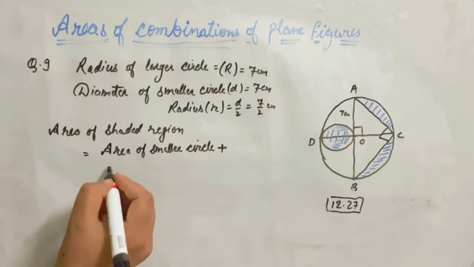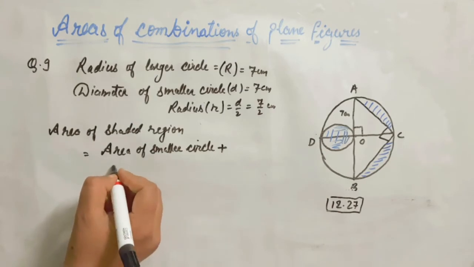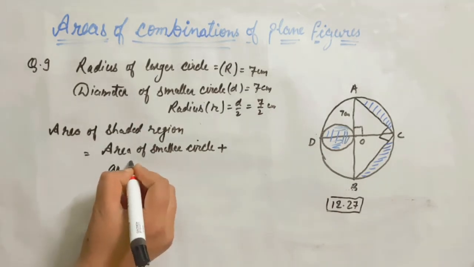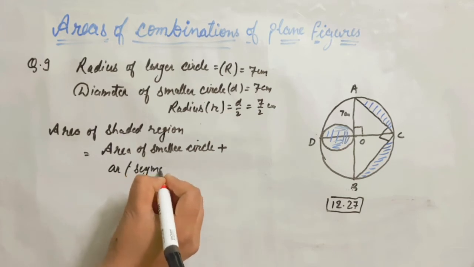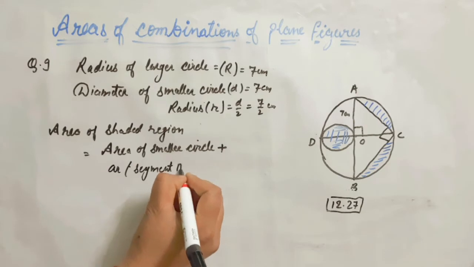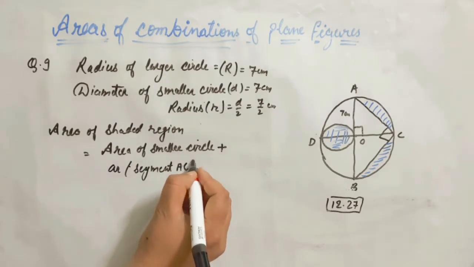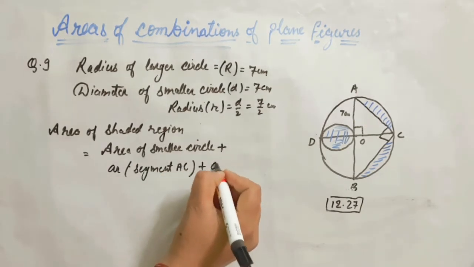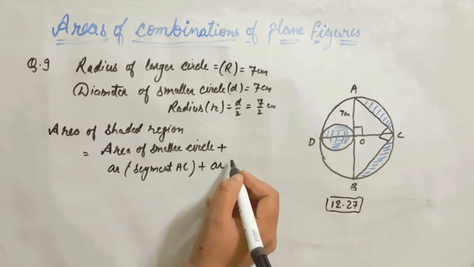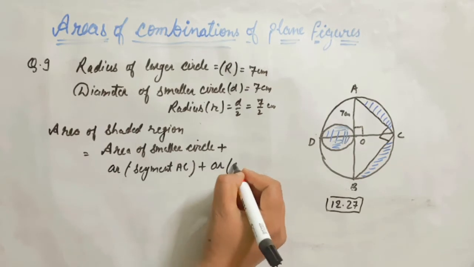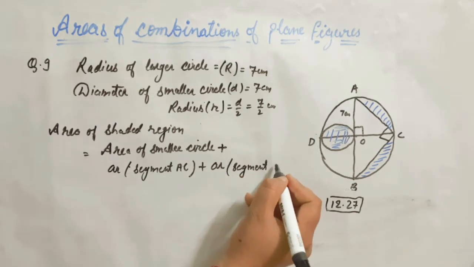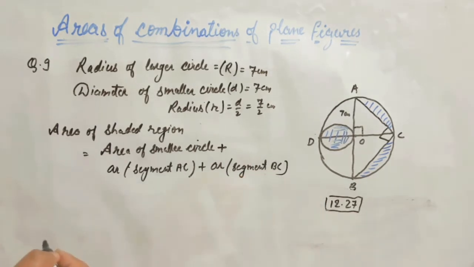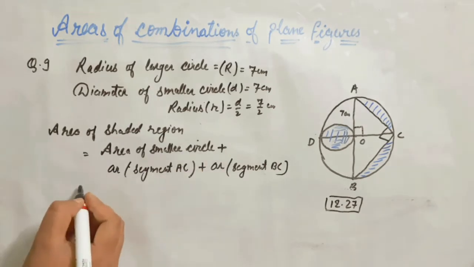So this will be equals to area of segment under chord AC plus area of segment under chord BC. So what will be area of semicircle?